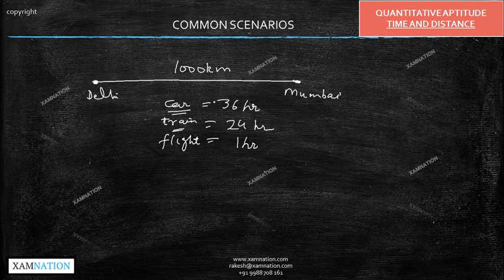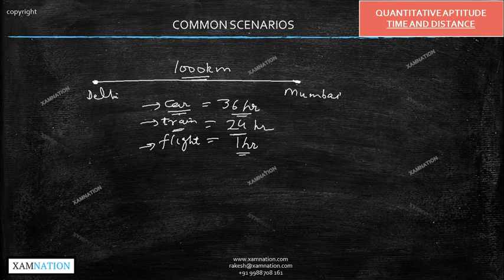Fine. So from this data, we know that the Delhi to Mumbai distance is fixed, right? It's 1000 kilometer, but the different mode of travel is giving us a different time duration, right?